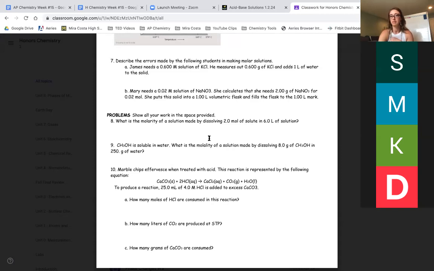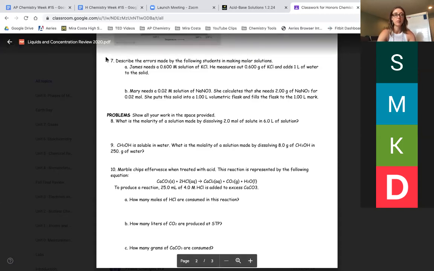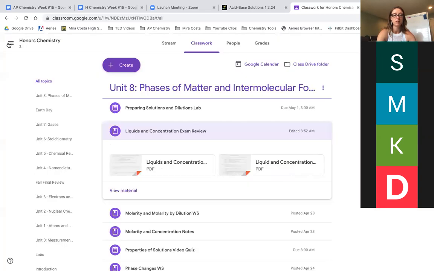It's a way of measuring concentration, but to be honest with you, I used to teach it. I don't teach it anymore because it's no longer on the AP exam, and I'm not going to worry about teaching you how to do it because I don't teach it to AP either. So if you want, just hold off on this review for just a few minutes.